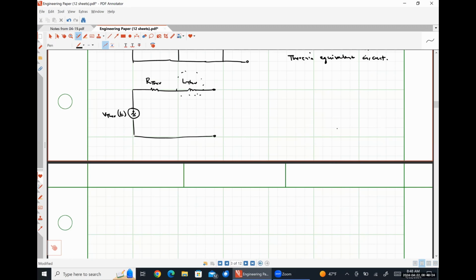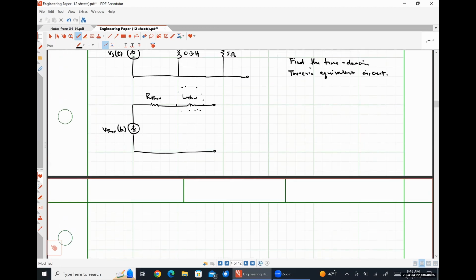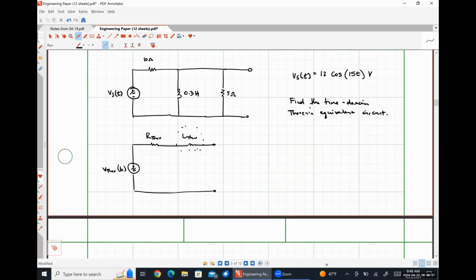Find the open circuit voltage across the terminals of our network. Absolutely right. Okay, so what we're going to do is we are going to convert our circuit from the time domain into the frequency domain, find the frequency domain open circuit phasor voltage, and then convert that back into the time domain for our time domain Thevenin equivalent voltage.